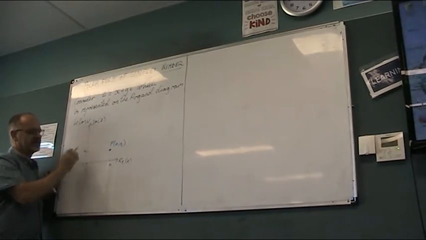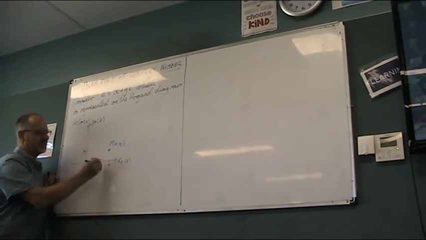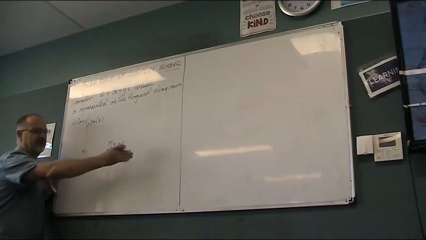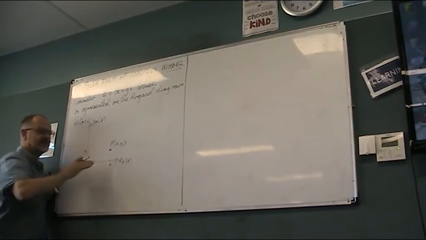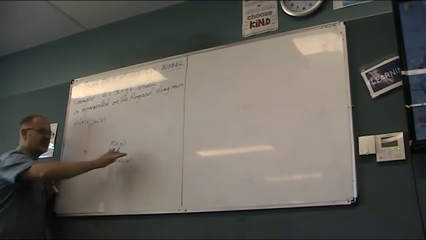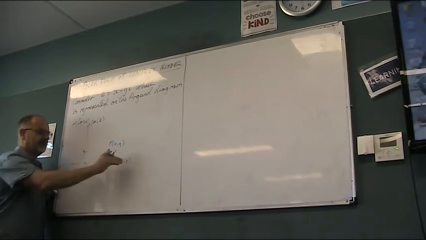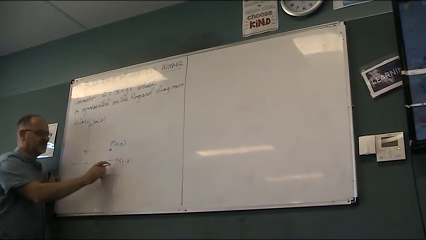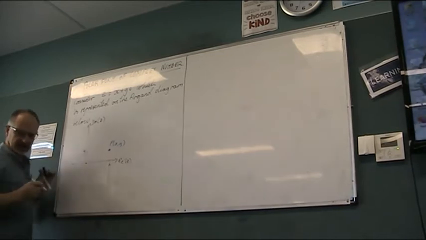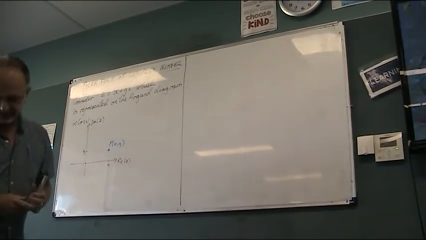But also we need some angle, and all our angles are always measured from that positive horizontal axis, the x-axis in trigonometry, but here the real axis. And we always measure in the anti-clockwise direction.